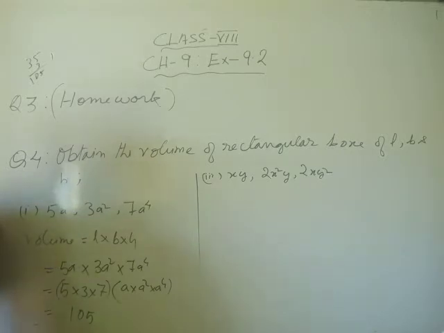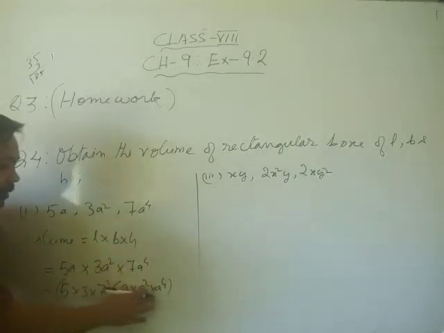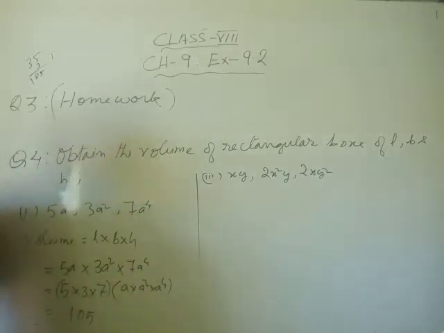105 is the product. Then what happens to the letter parts? The letter part you see here is a into a square into a4. All the bases are the same, the letters are the same, so the same letters are multiplied. Just remember the rules and properties of powers and exponents.